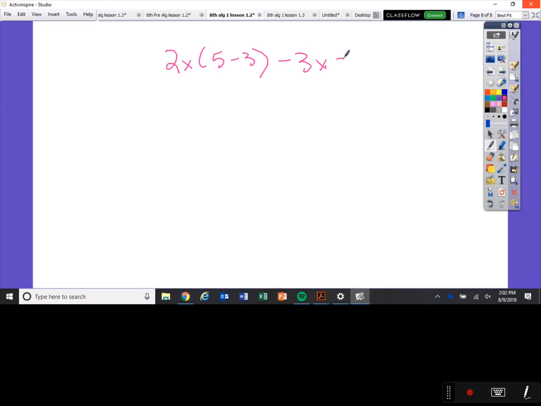See, in the other parentheses we had to distribute because it was an x and a number. You can't, like, x minus 1 is just x minus 1, right? But this time you can just take them out. What's 5 minus 3? It's 2. And what's 2x times 2? 4x. You still have to multiply it out again, because it's still inside that parentheses, which is right beside the 2x.